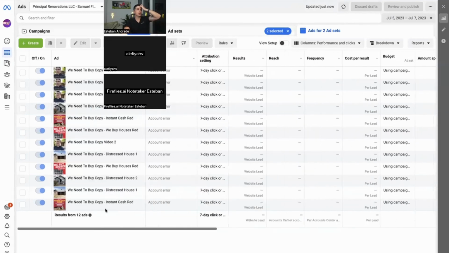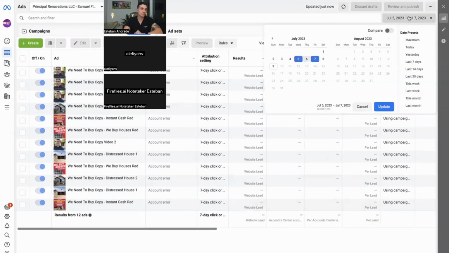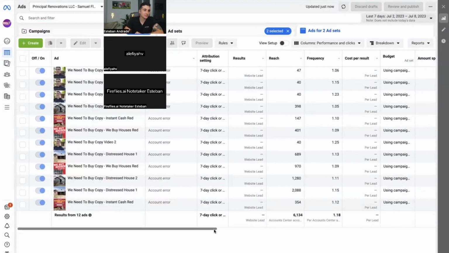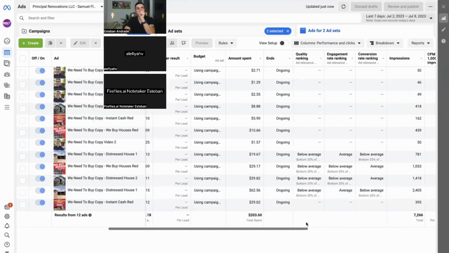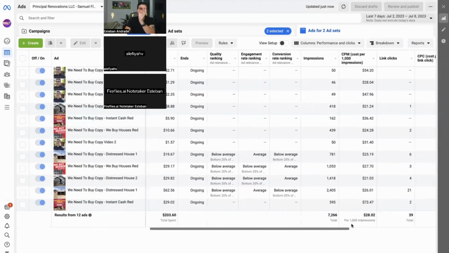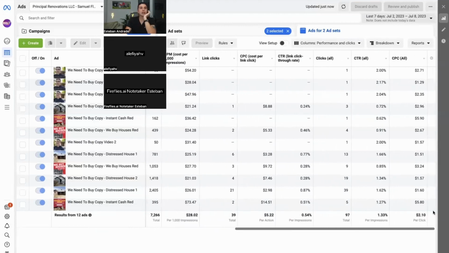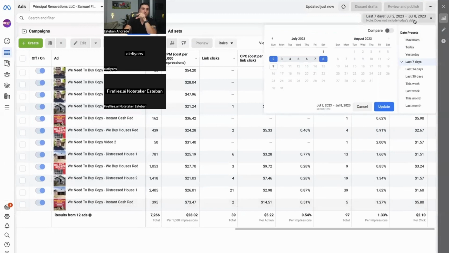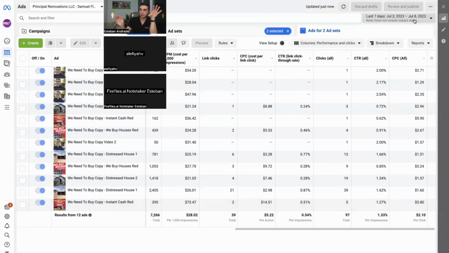And now when we're looking at the data in there, for example, this one was stopped last 7 days. Now we're looking at the data in smaller chunks. We're able to see a different type of picture, and we're going to be able to make decisions on a smaller time frame, because sometimes whenever we look at maximum, it gives you just a general idea, a general picture of it.